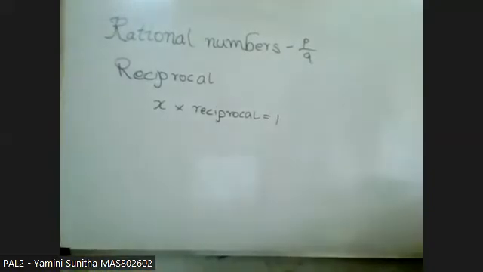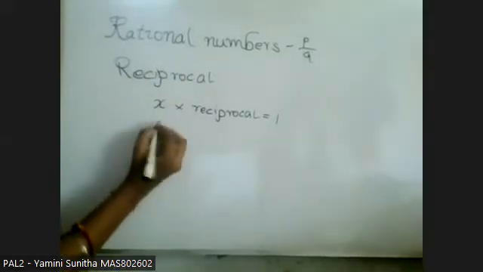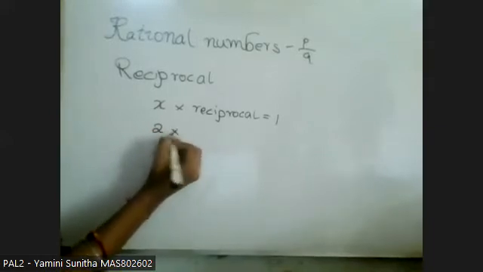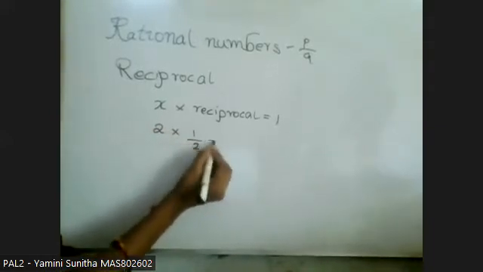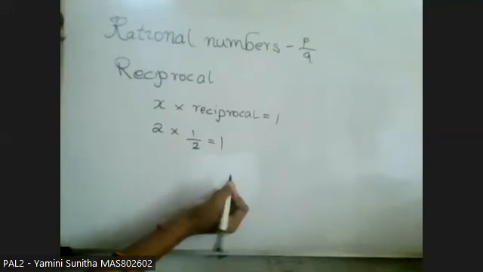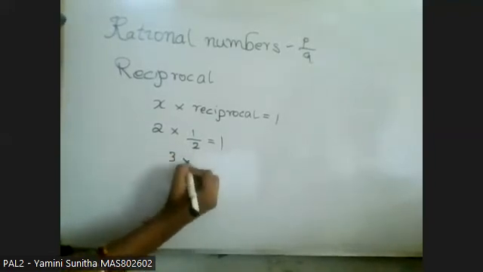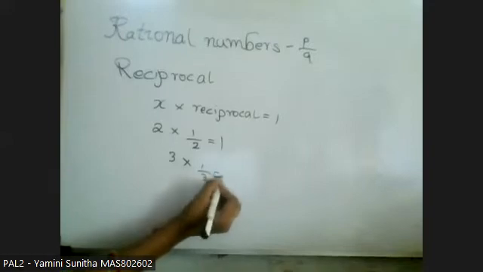That is the definition. Simply put, any number when multiplied with its reciprocal will give the result 1. For example, 2 when multiplied by 1 by 2 gives 1. 3 when multiplied by 1 by 3 gives 1.